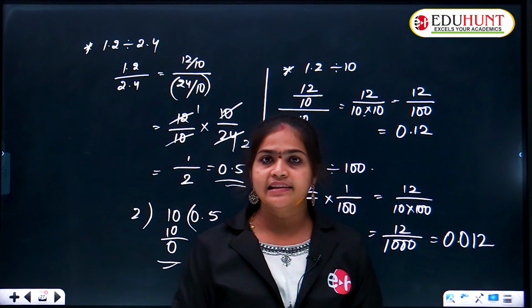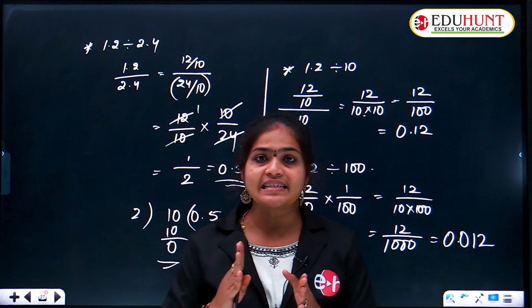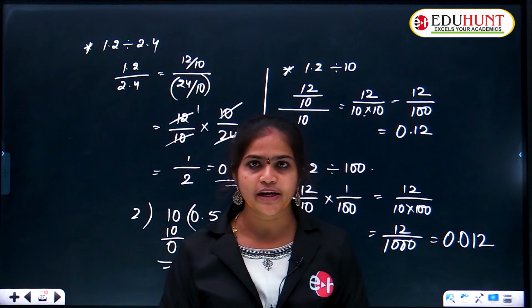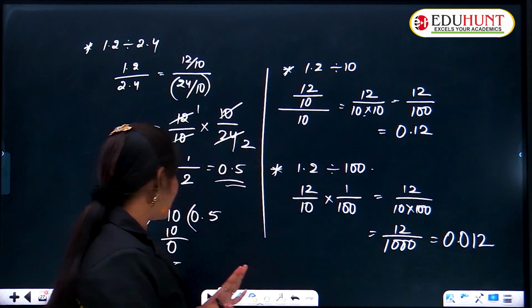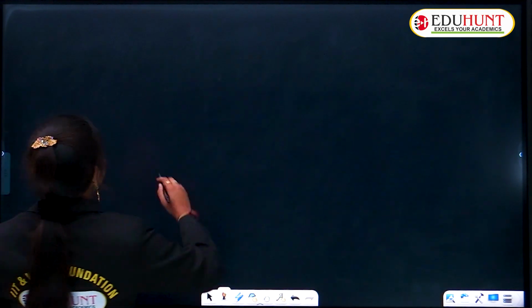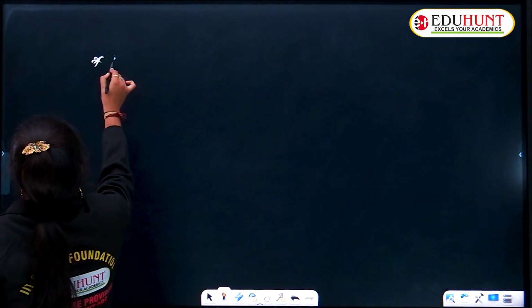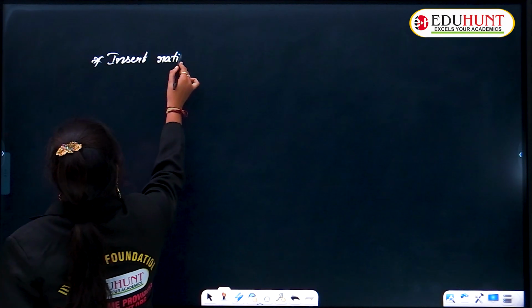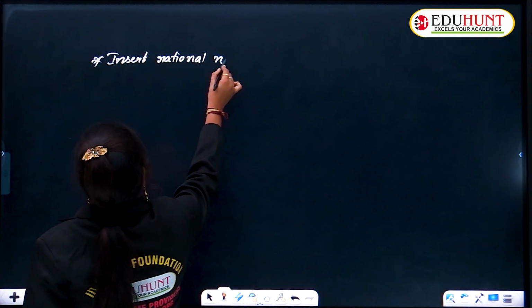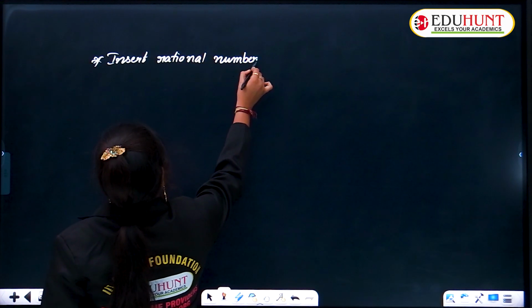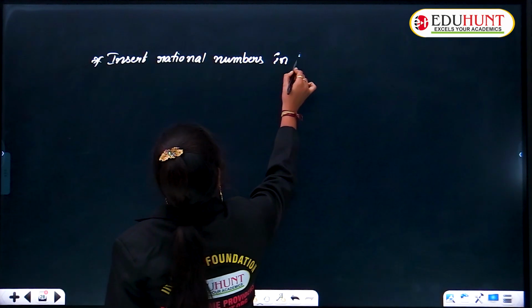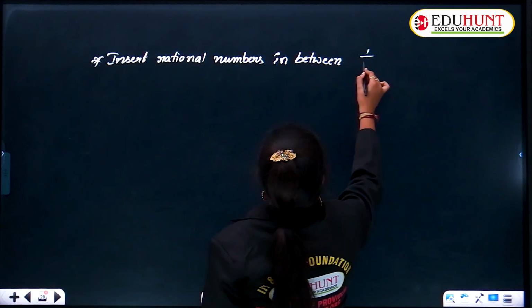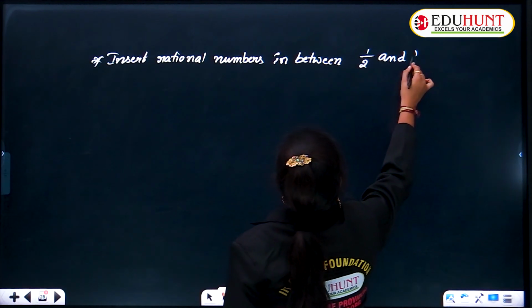Okay. And see that at the time of explanation, inserting rational numbers in between any two rational numbers, I told you that. Here again I will explain that. One example I will tell you, see that. Insert rational numbers in between 1 by 2 and 1 by 3.